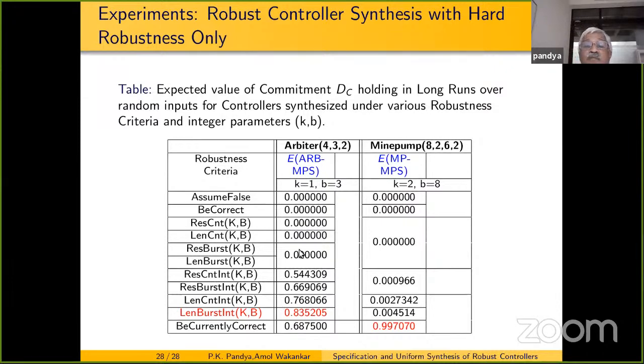And we count this relative frequency of commitment holding. You can see that as you relax the assumption more, the commitments hold more and more. So it is very useful to have criteria by which you can relax, and the guarantee is that if the relaxed assumption holds, then the commitment will be guaranteed, right? So that is a hard guarantee.